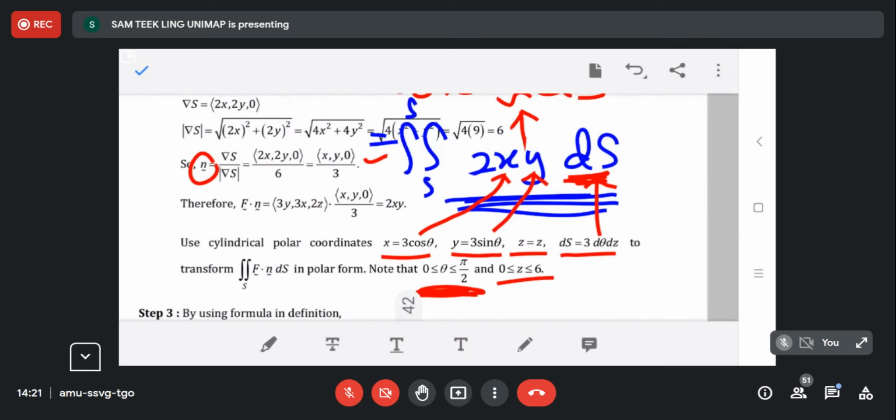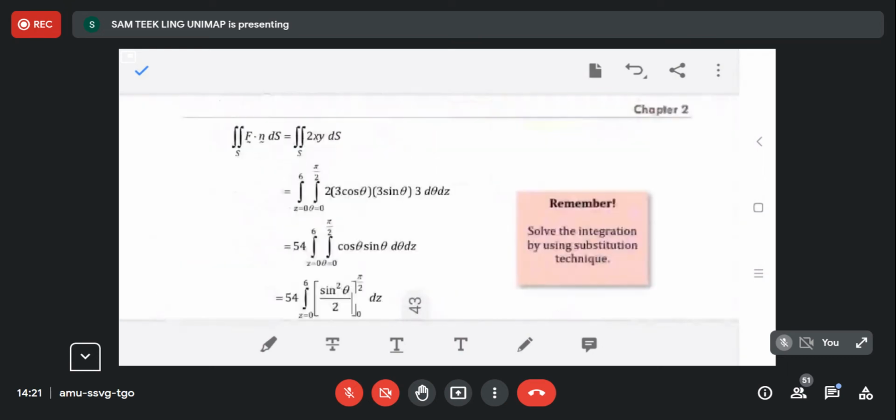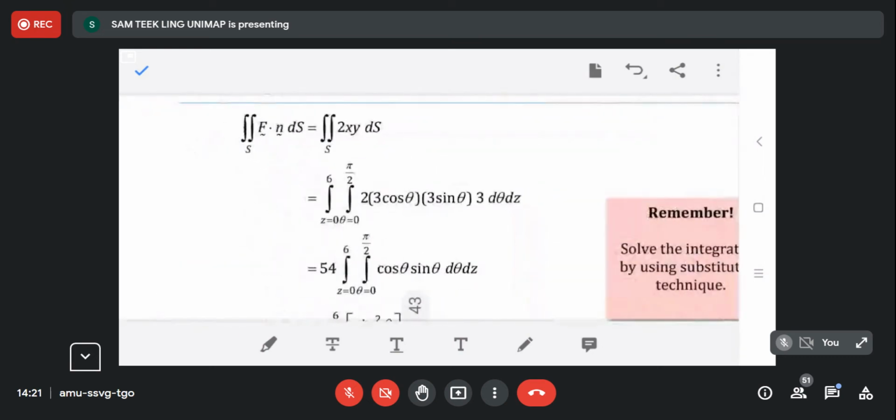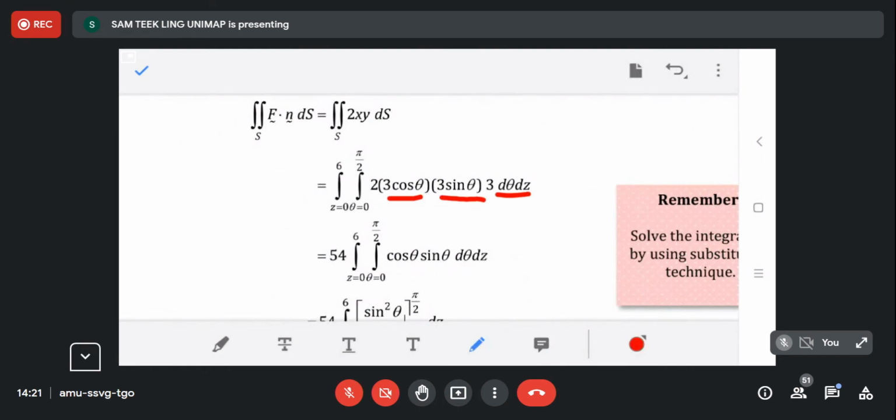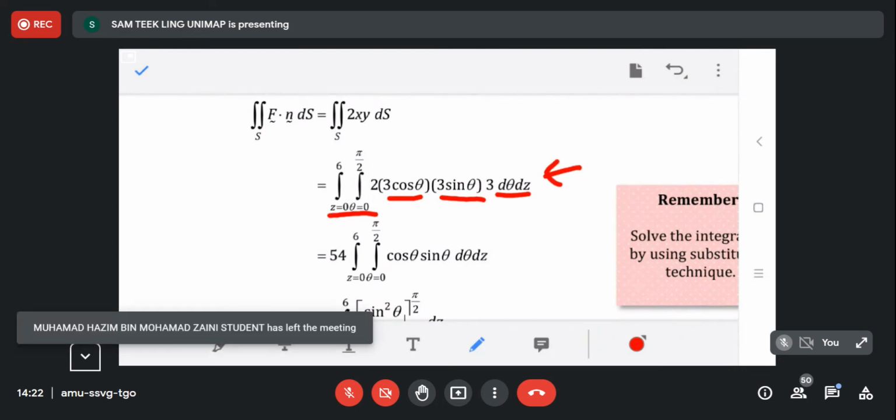So after we get all of that, you substitute inside. You replace your x, your y, your dS, using polar form. Then also put inside your limits. In this form, you still cannot integrate.